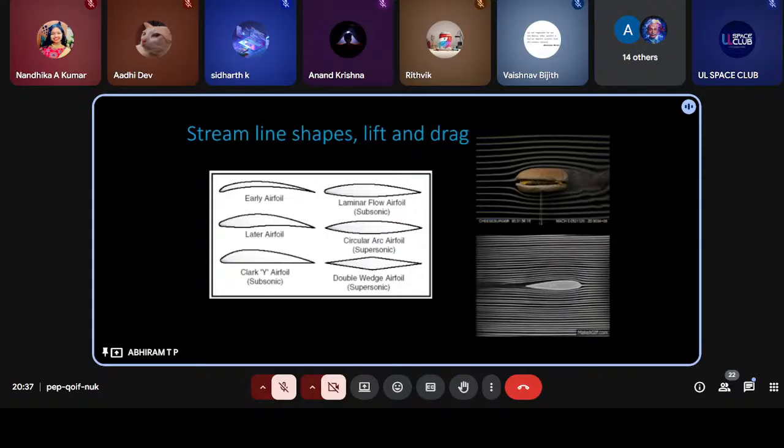The next one, the second shape, that means a later airfoil, was made to find a common ground between lift and drag, thereby providing a near perfect lift to drag ratio. And this will work best for medium speed passenger planes where we don't have the need of very much lift and very high speed. And the next model is the Clark Y airfoil.